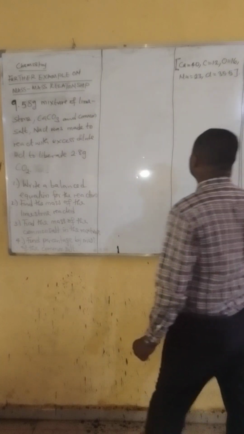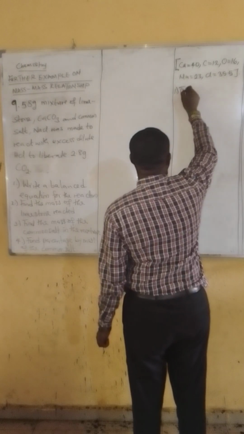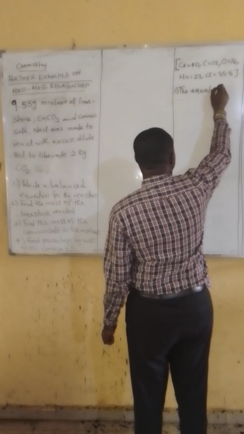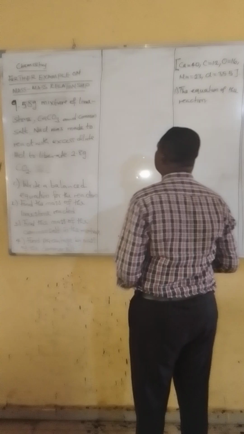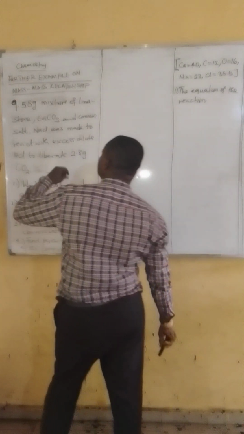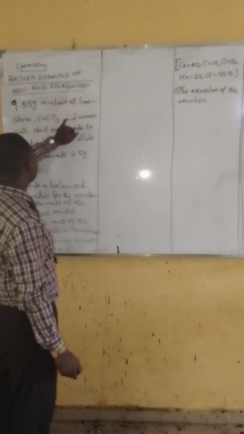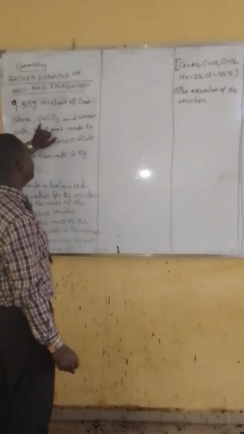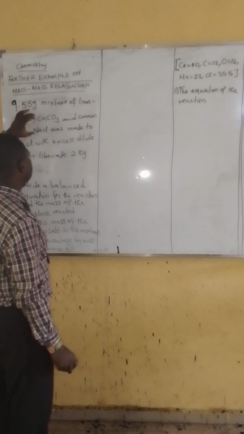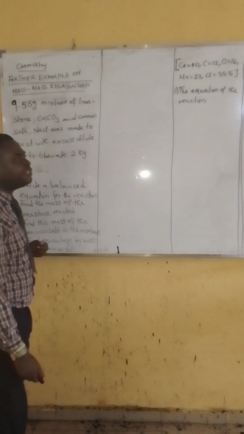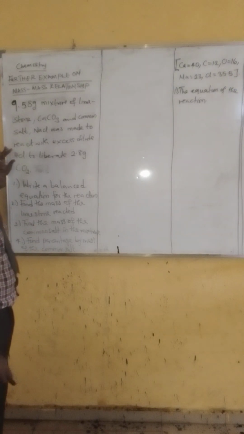To answer the first question, number 1, we'll have to write the equation of the reaction. In this question, it says 9.58 gram mixture of limestone, which is calcium trioxocarbonate IV, and common salt. This is a mixture. But from your knowledge of acids, bases, and salts, the mixture is meant to react with excess HCl.